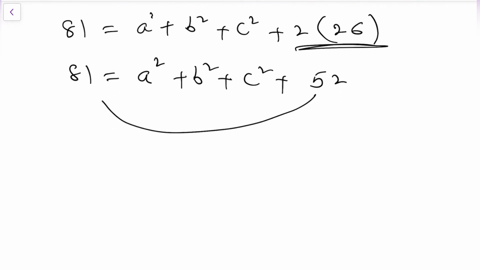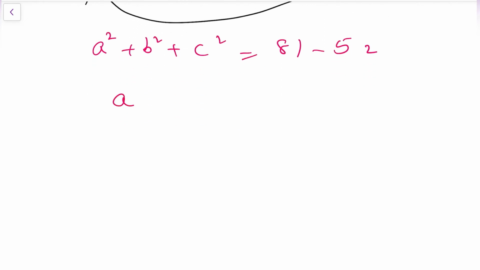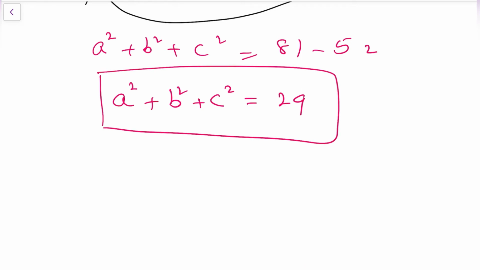This plus 52 I will take to another side. Then we will get the final answer as a square plus b square plus c square is equals to 81 minus 52. It is nothing but 29. This is what he is asking to find.